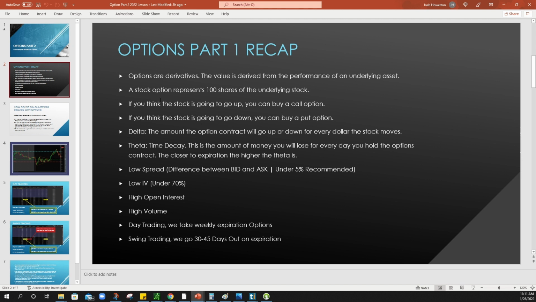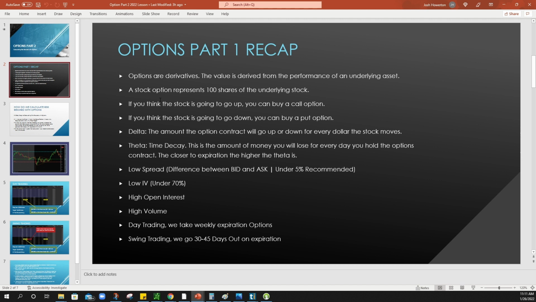Some key takeaways, some tips, guys, from our checklist. Remember, when trading options, we want to be mindful of the spread. We want low spreads, tight spreads. Now, the spread is the difference between the bid and the ask.